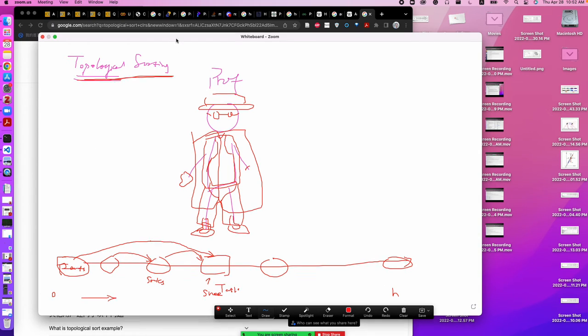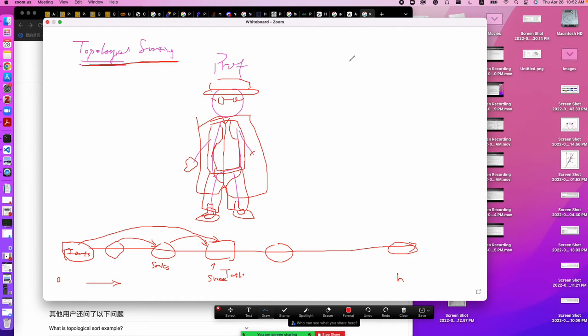That is topological sorting. For example, when we install something, let's say matplotlib, you should figure out there's something called dependencies, right?